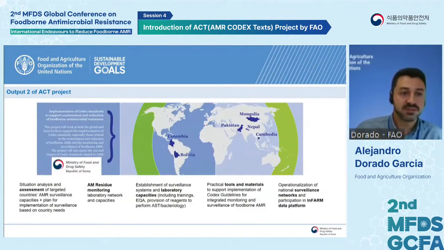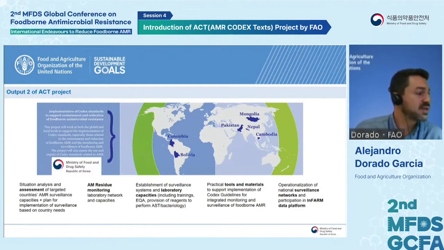Under this project, and under this specific output, output number 2 of the ACT project on building surveillance capacities and developing practical tools for implementation of the Codex text on integrated surveillance, we have several activities. We have activities on giving a situation analysis and assessment of the situation of the surveillance system in countries.